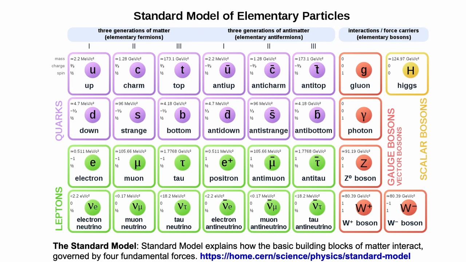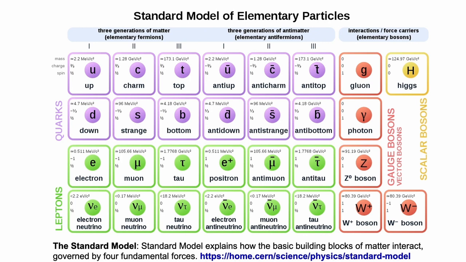Mass, charge and spin associated with each particle is shown in the corresponding cell. We can see that the first column shows the first generation of matter and has the lowest mass. The second column, the second generation, has the intermediate mass, and the third column, the third generation, has the highest mass.